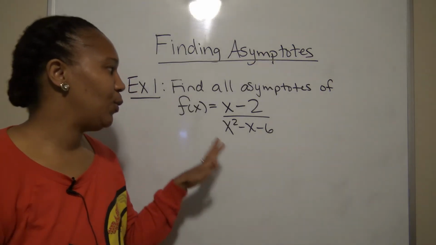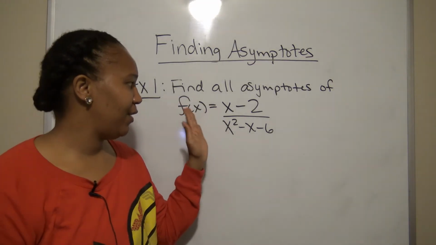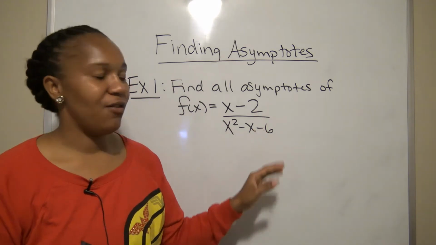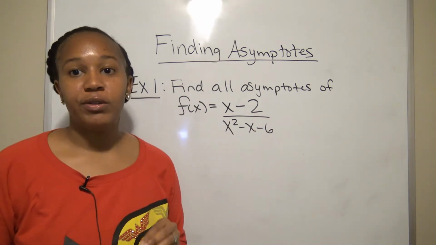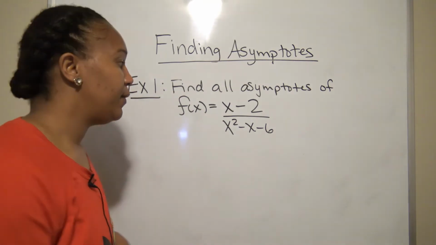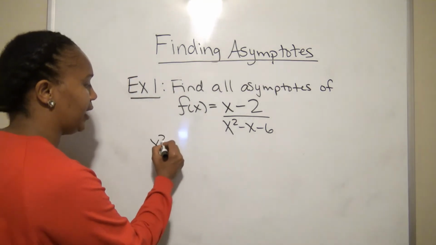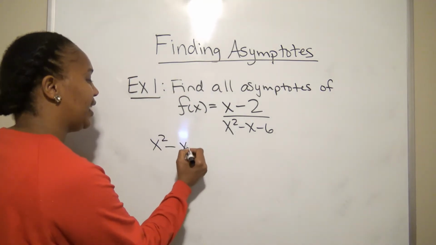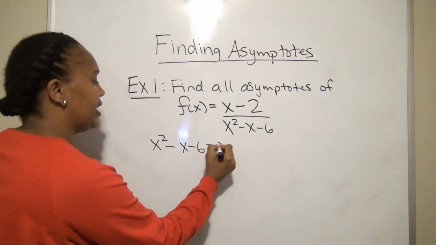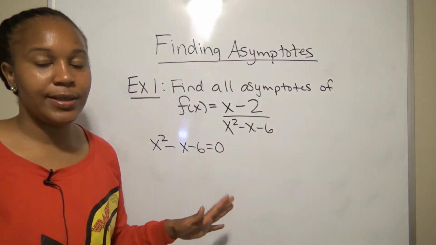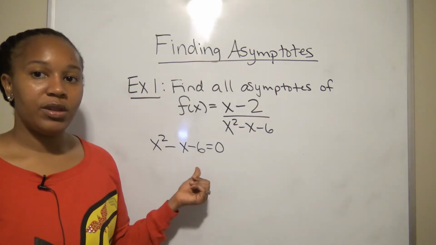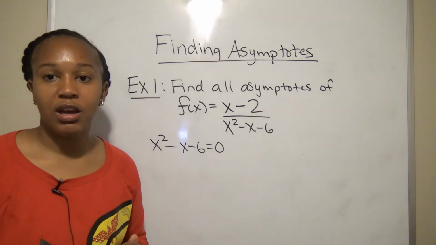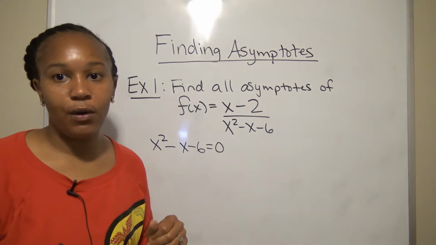First example, we want to find all asymptotes of f of x equal (x minus 2) over (x squared minus x minus 6). The first thing we want to do is find the vertical asymptote. Remember, you find the vertical asymptote by taking the denominator, setting it equal to 0, and solving for x. In this case, our denominator is a quadratic, so we end up with a quadratic equation, which you can solve by any of the methods we've learned so far.